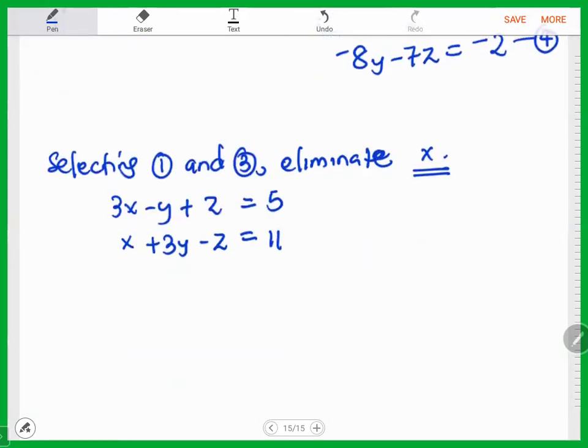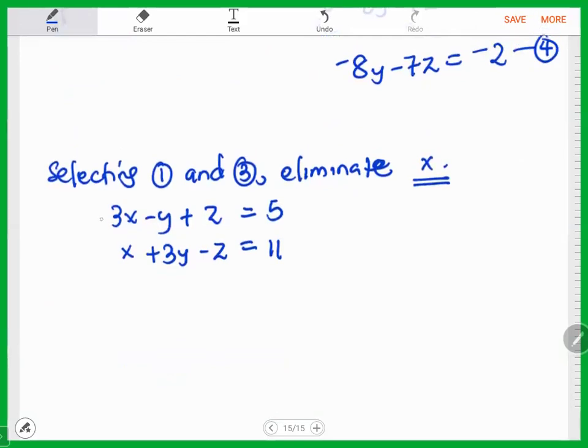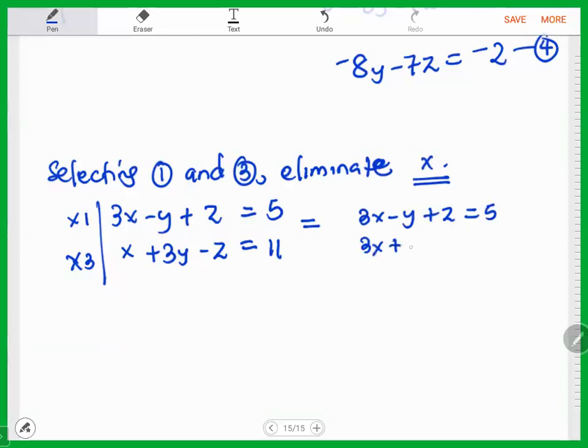So what you want to do is to do this times 1 and this times 3, because we're eliminating the coefficients of x. So this gives us, again, like what we did previously, 3x minus 3y plus 3z is equal to 15... and 3x plus 9y minus 3z is equal to 33.